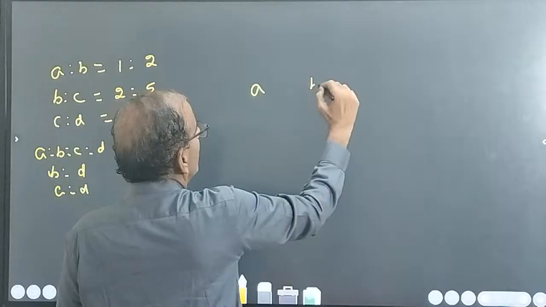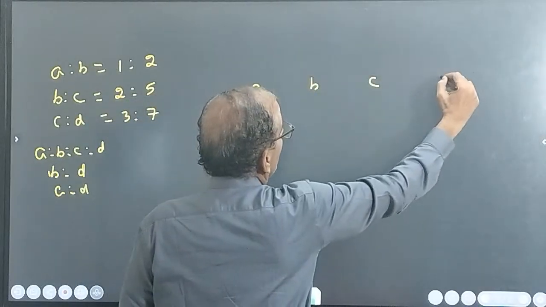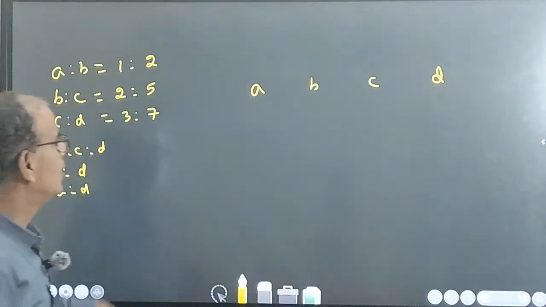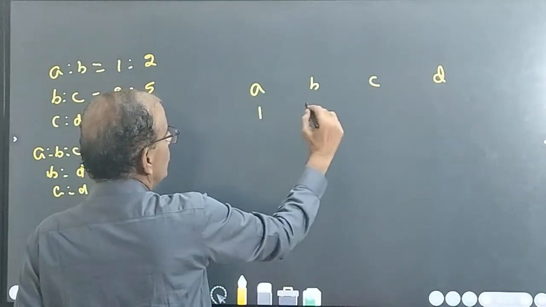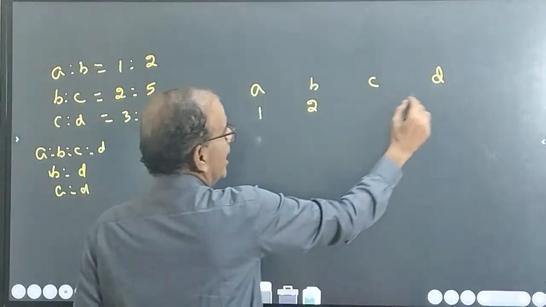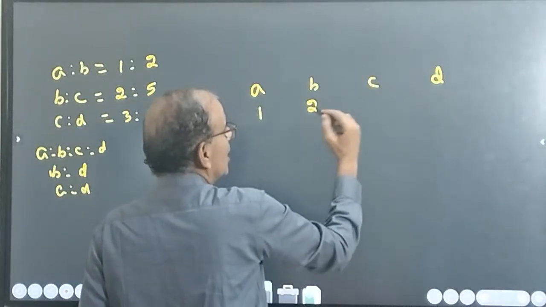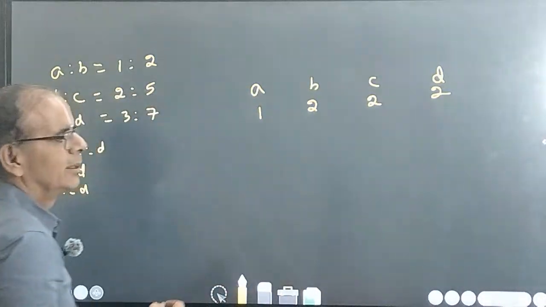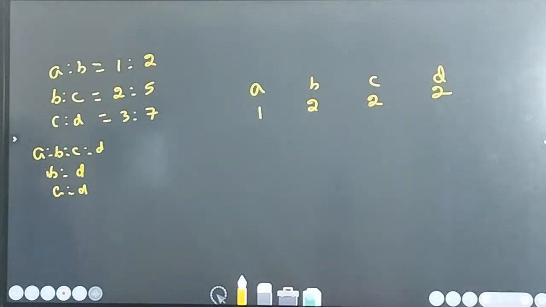You write A, you write B, you write C, you write D. A is to B, 1 is to 2. Here 2 columns are there. Just copy this number 2 right at the number. B is to C is 2 is to 5.